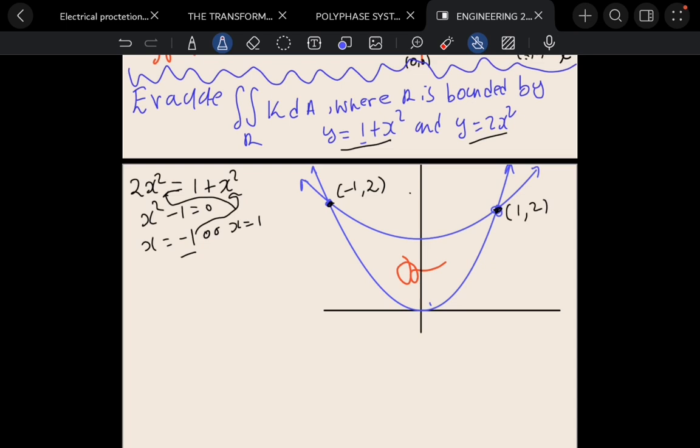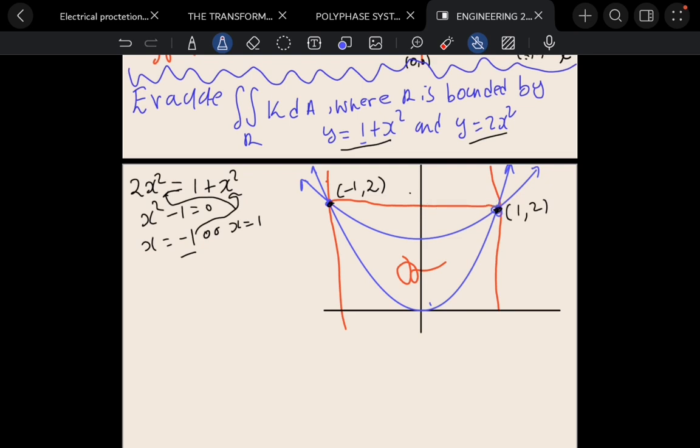Let us go to the point of intersection and draw a vertical line. Both of them do not enter this region. But when I draw a horizontal line, they do not enter the region either.